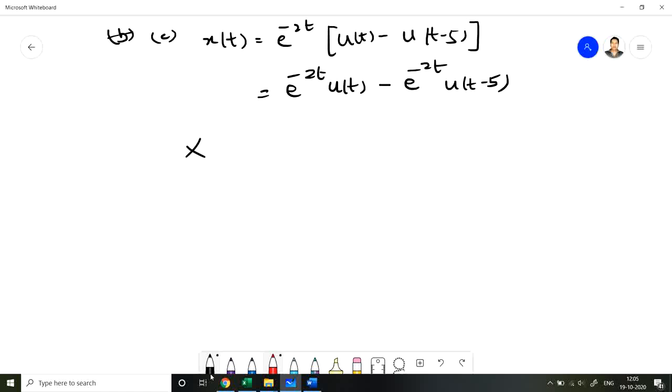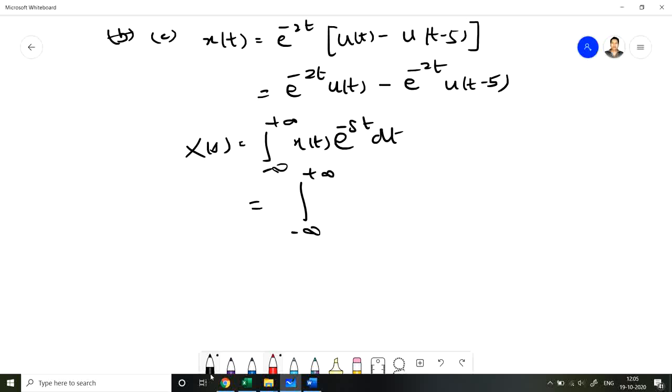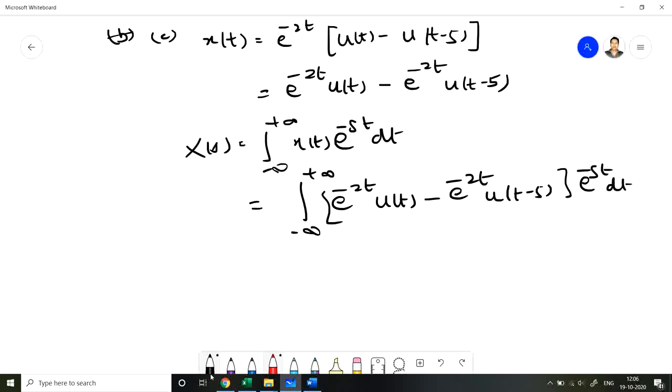Now the Laplace transform X(s) is the integral from minus infinity to plus infinity of x(t) e^(−st) dt. So it is the integral of e^(−2t) u(t) minus e^(−2t) u(t − 5), times e^(−st) dt.